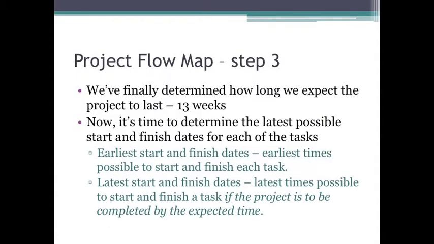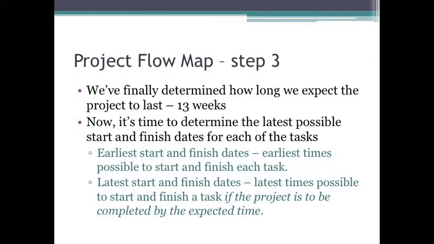This does not mean, however, that we're done. We still need to figure out the latest start and latest finish times for each task, for reasons that will become apparent. You see, the earliest start and earliest finish times are the earliest time possible to start and finish each task, and that's nice and beautiful and all, but sometimes tasks get delayed.